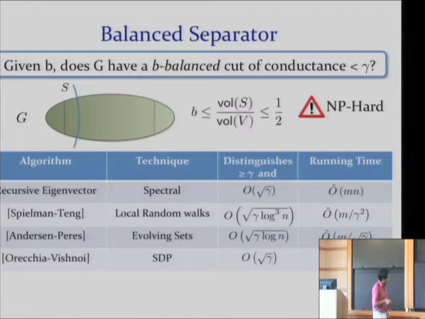Here everything will lose a root gamma, so it's worse than spectral, and often you lose a small polylog also. But the advantage is that if gamma is small, all of these are actually linear, but gamma could also not be small. Gamma could be 1 over m. Gamma could be polynomial in n.